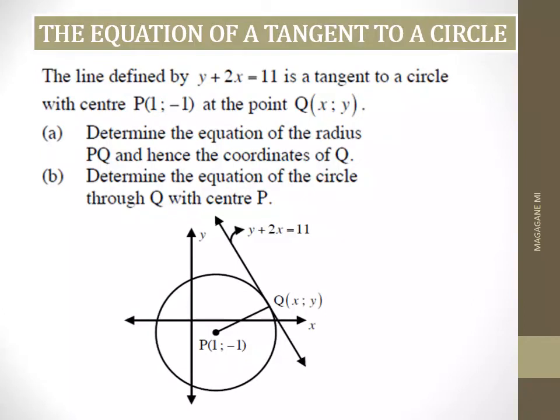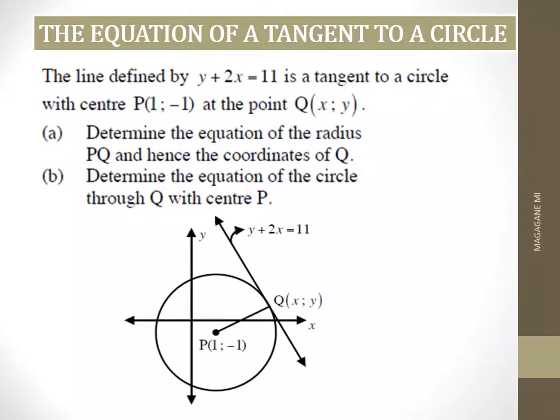So before we even go to the question, let's start by looking at the given statement and the diagram. It's very, very important in geometry, before you answer the question, to understand the given statement and also the diagram. Analyze the diagram and the given statement. So we are told that the line defined by y plus 2x equals 11 is a tangent. So we are given the equation of a tangent, which is not in standard form.